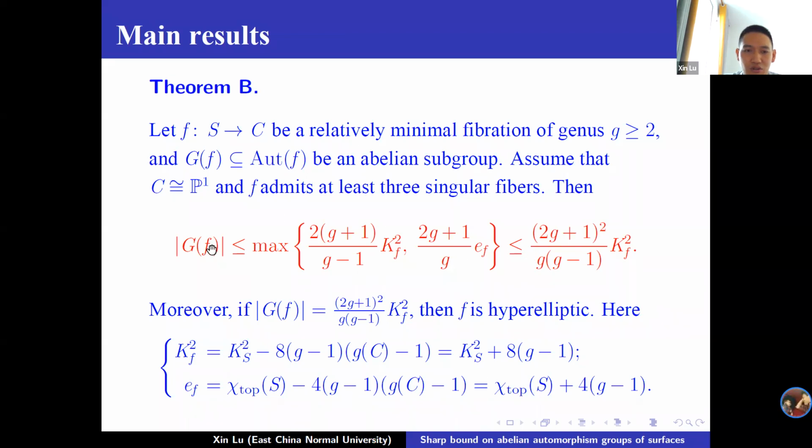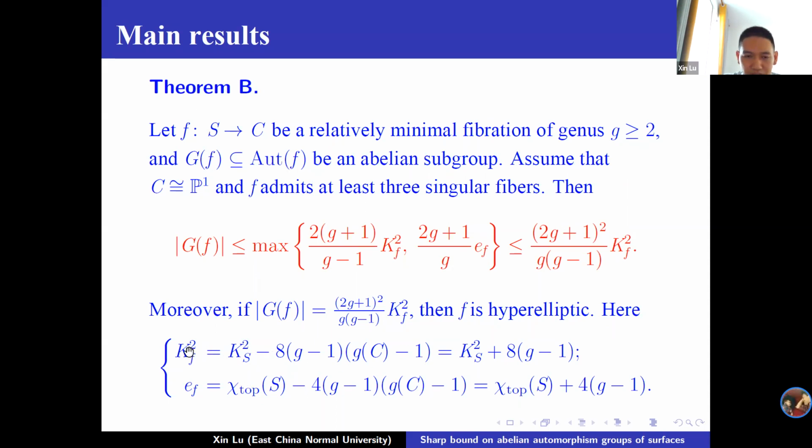So the upper bound of this abelian subgroup is given by this number: (2g+1)^2 over g times (g-1) times K_F^2. Here, K_F^2 and e_F are just the relative invariants for this fibration F.